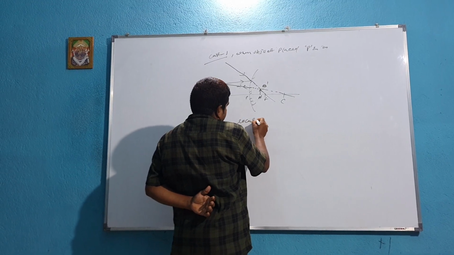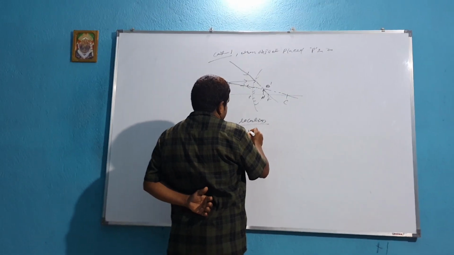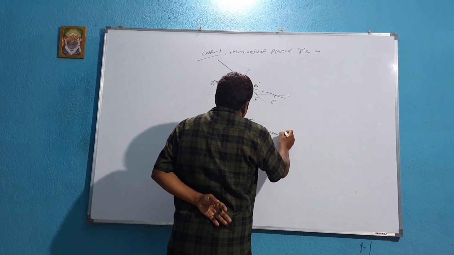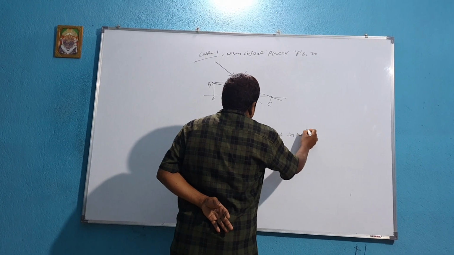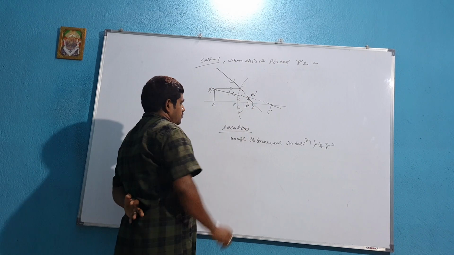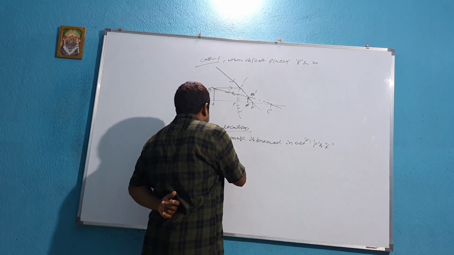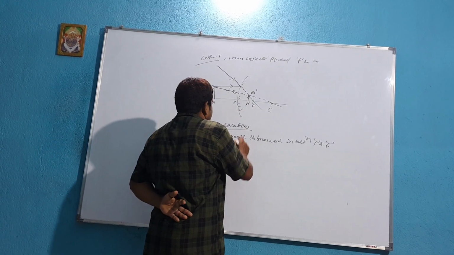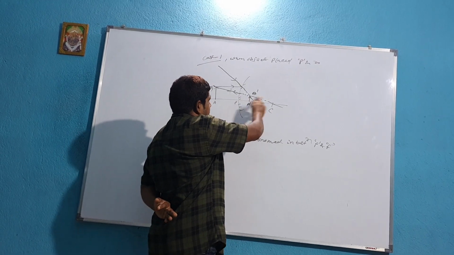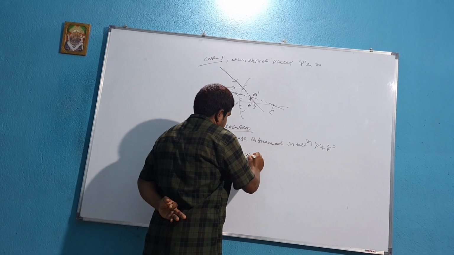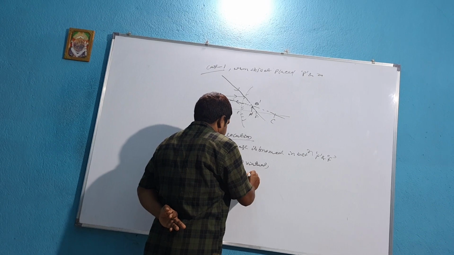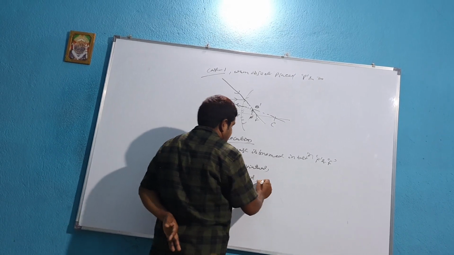Location: the image is formed in between P and F. Size will be reduced. Nature: it is virtual, not real, because the image is formed behind the mirror. Virtual, erect, diminished.